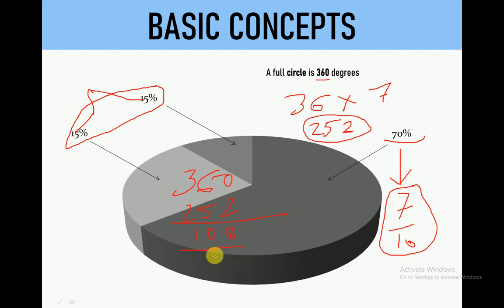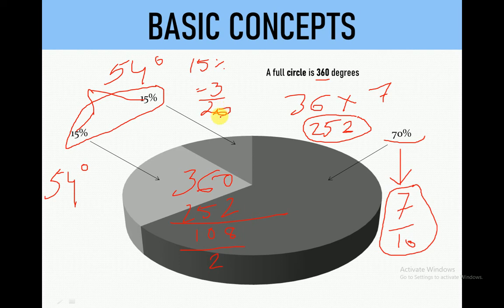Then divide it by 2, because these two are equal, so you divide into equal halves. This is 54 and 54 in degrees. If you want to cross-check, let's do it. 15% is 3/20.